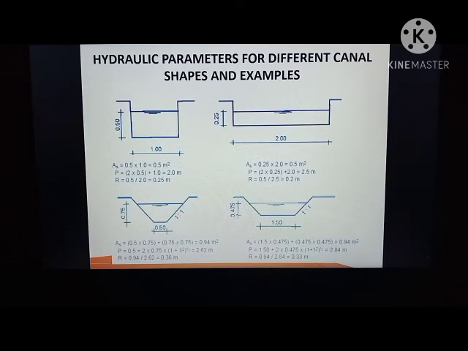Hydraulic parameters for different canal shapes and examples. The first one is the square or rectangular shape of canal. We have a water depth of 0.5 meters and a bed width of 1 meter. The area is equal to 0.5 multiplied by 1, which is 0.5 square meter.